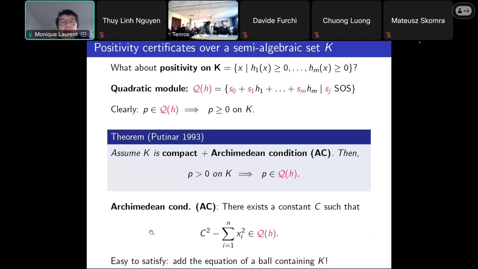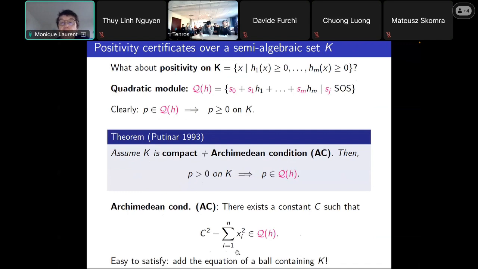And what is the Archimedean condition? This says that the equation of a ball lies in the quadratic module. This condition is not difficult to satisfy because we assume that the set K is compact, hence it is contained in some ball. So pick a ball containing the set K. Here is the equation of the ball.